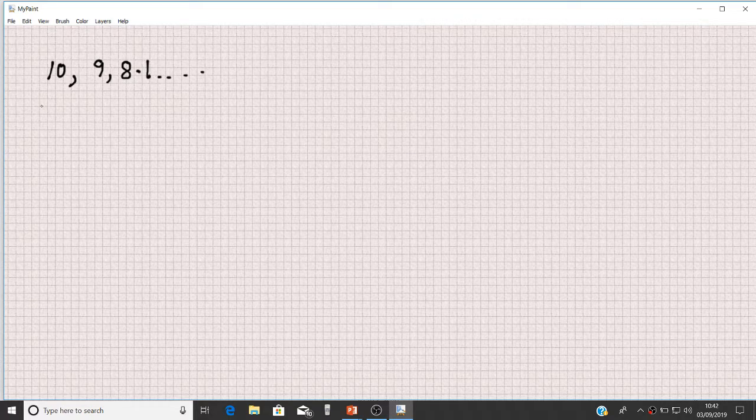Now we notice he's speeding up by a factor of 0.9. So effectively we have a GP. And in this GP, the value of a is 10, and r, the common ratio, is 0.9.